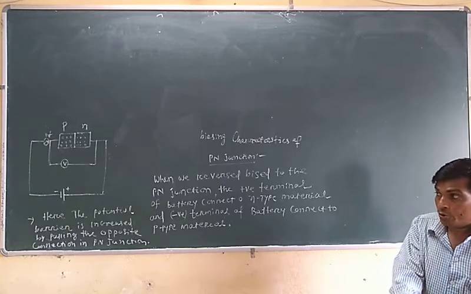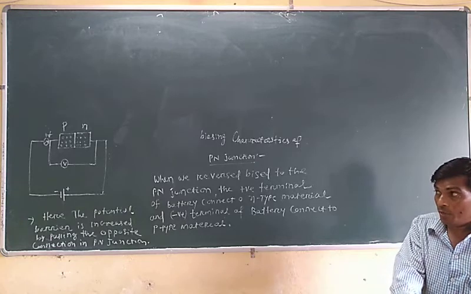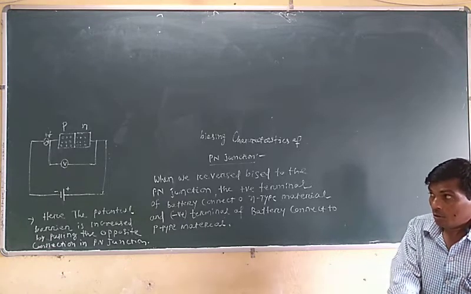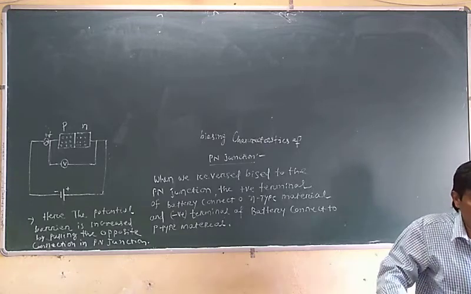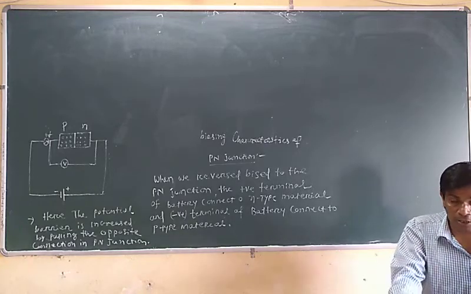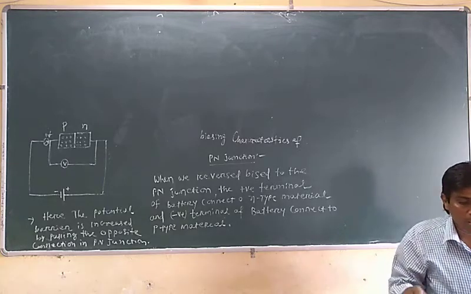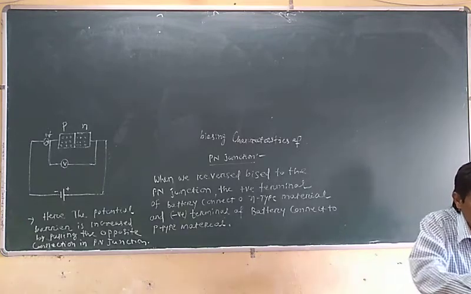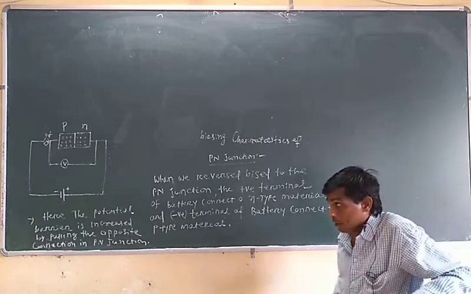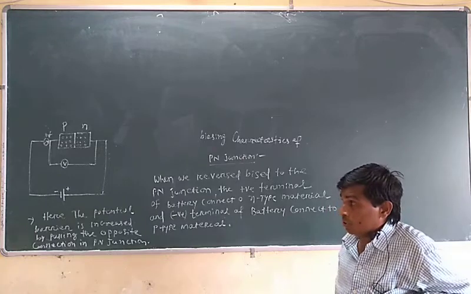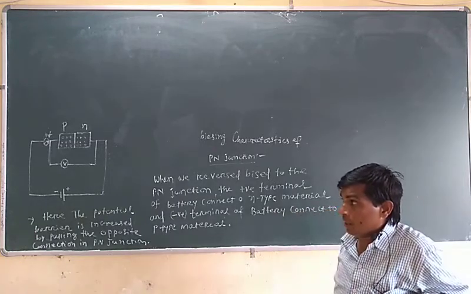We also know previously that holes are the majority charge carrier in P-type material, but electrons are the minority charge carrier there, and free electrons are the majority charge carrier in N-type material, and holes are the minority charge carrier in N material.